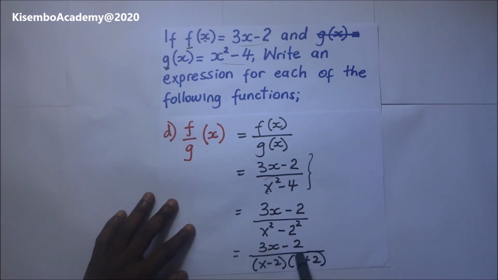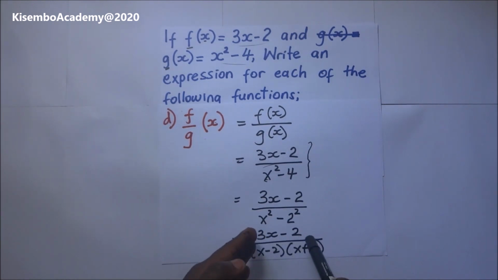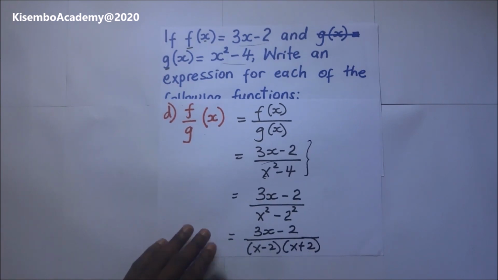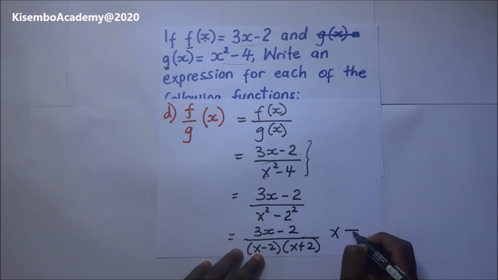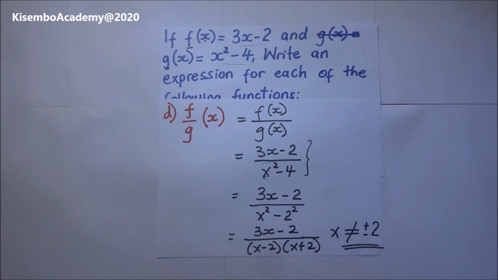So it's going to make the entire denominator 0, and the quotient function would be undefined. So the condition here, therefore, we shall write and say that the value of x in this case is not supposed to be equal to plus or minus 2. That's the condition for this quotient function to stand.